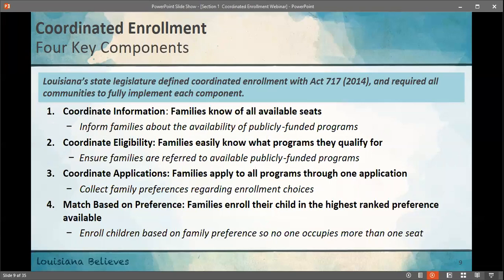The second component was coordinating the eligibility process, so families know what programs are available and what they qualify for. The third component is the coordinated application process, so they have one application, making it easier for families. And then the last component is matching based on family preference, so families can enroll their child in the highest ranked preference available.